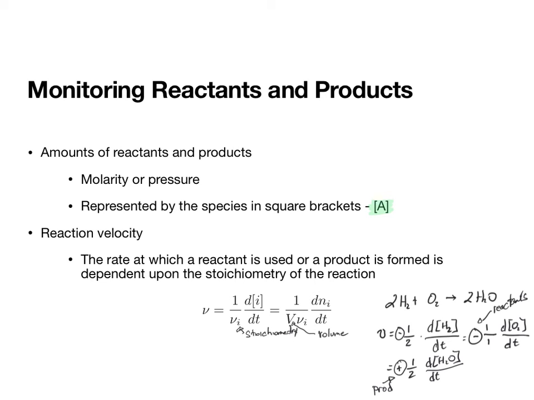But the key part of this reaction velocity, nu, is that it doesn't matter what we monitor concentration-wise, we should get the same rate, just normalized or corrected for the stoichiometry.